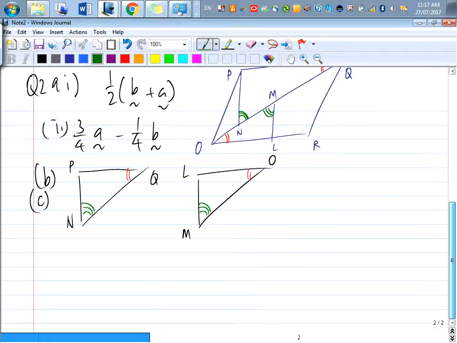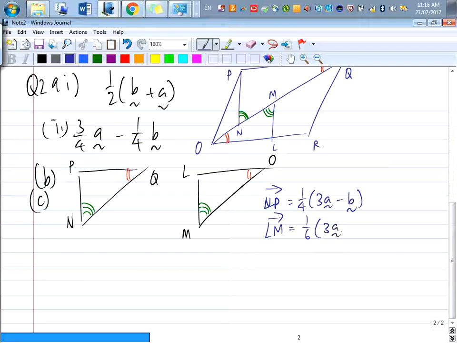Yes, in our earlier part, we have this. NP equals 1/4 (3A minus B). And then we have LM equals 1/6 (3A minus B). They are parallel vectors. So NP is parallel to LM.